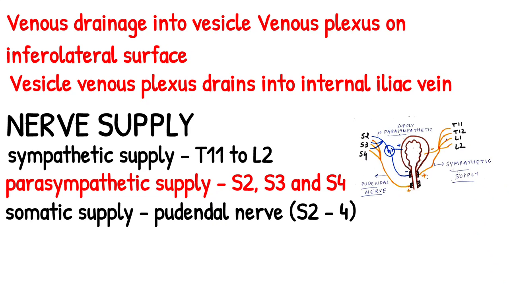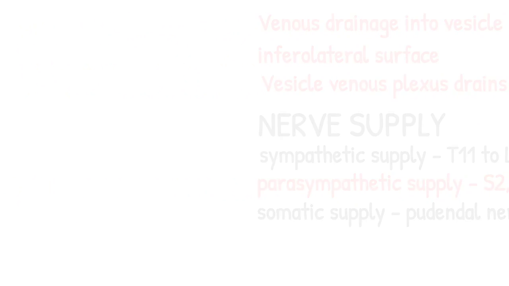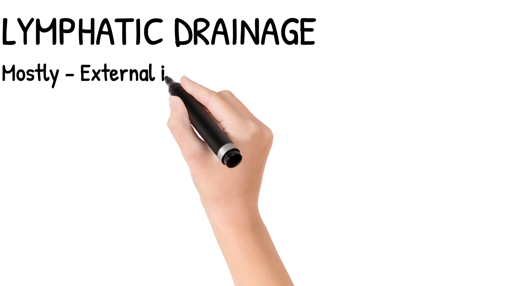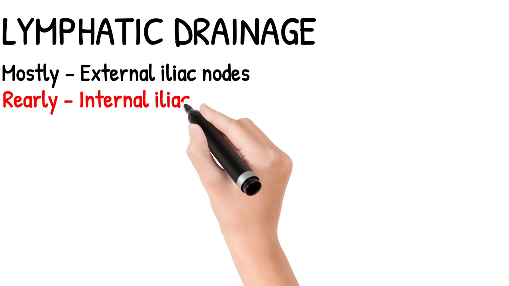The somatic nerve supply is given to the external urethral sphincter, or sphincter urethrae, through the pudendal nerve. The pudendal nerve has a root value of S2 to S4 and it is a branch of the sacral plexus.